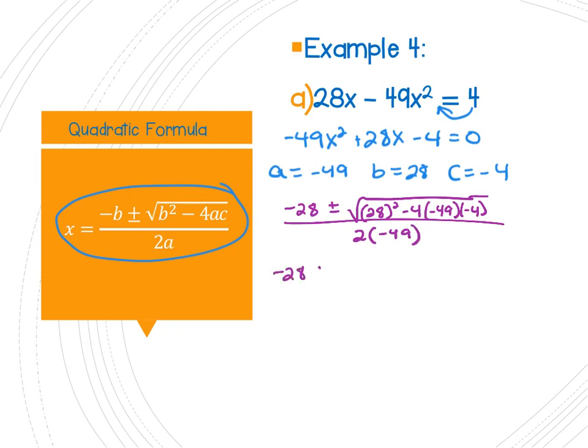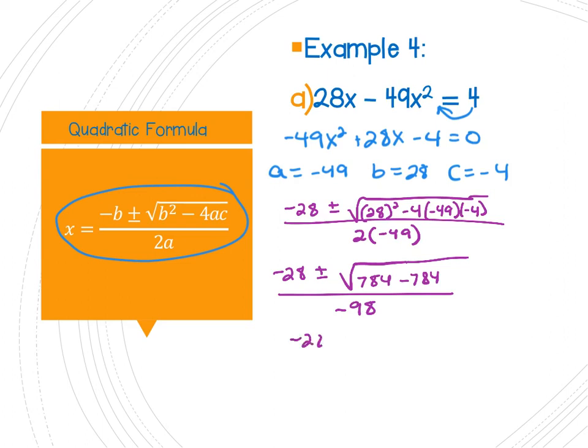Negative 28 plus or minus the square root of 28 squared, 784, minus 4 times 49 times 4, which is negative 784, over 2 times negative 49, which is negative 98.